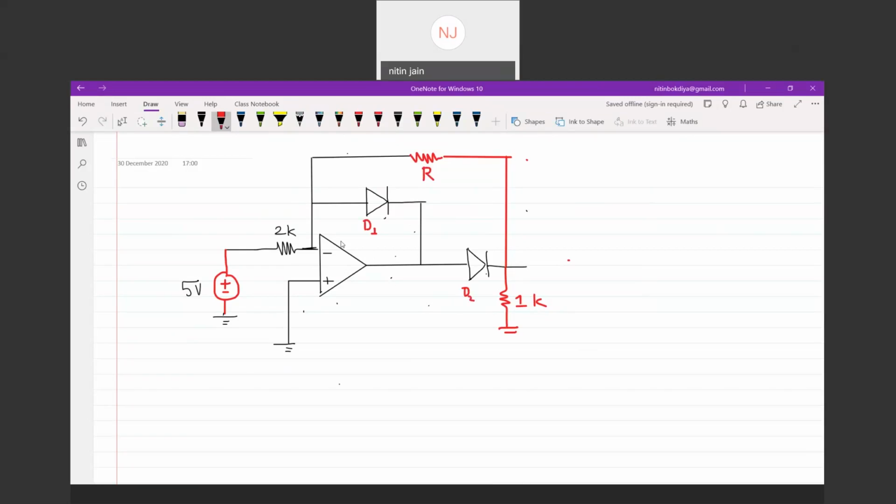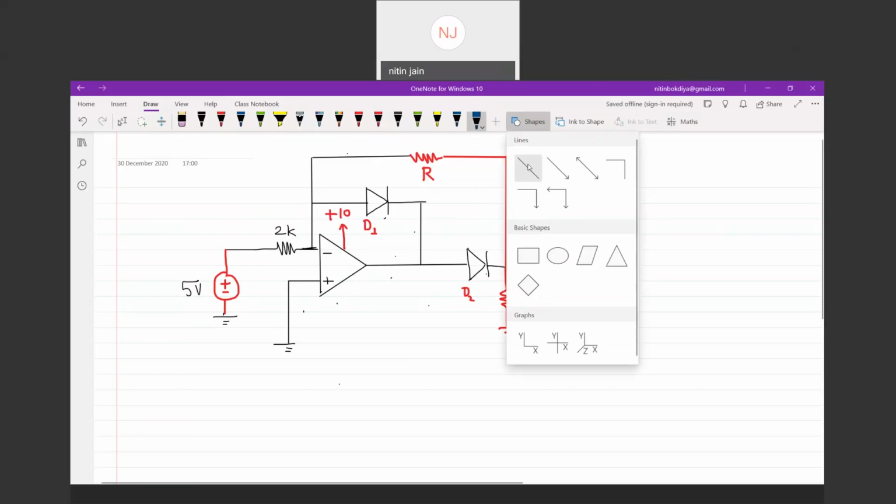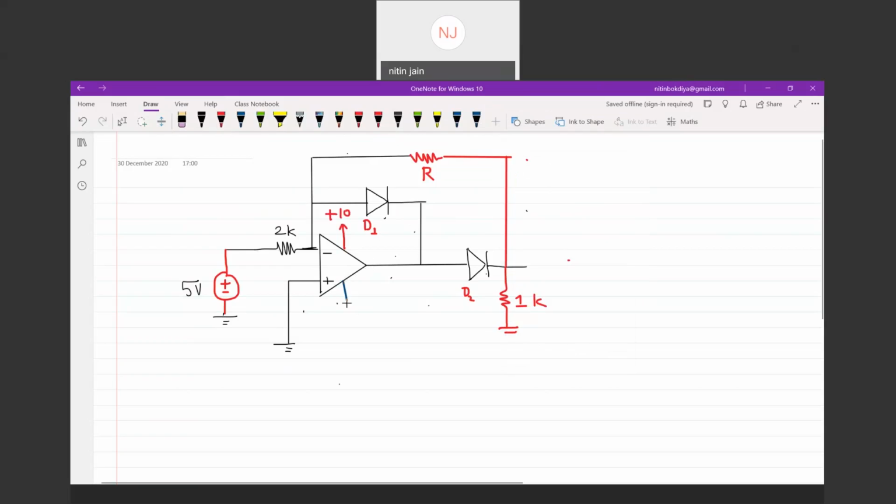And the saturation voltage for this is given as plus 10 volt and minus 10 volt.